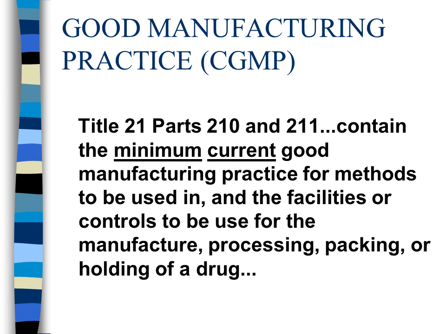Title 21, Parts 210 and 211 contain the minimum current good manufacturing practice for methods to be used in, and the facilities and controls to be used for, the manufacture, processing, packing, or holding of a drug.